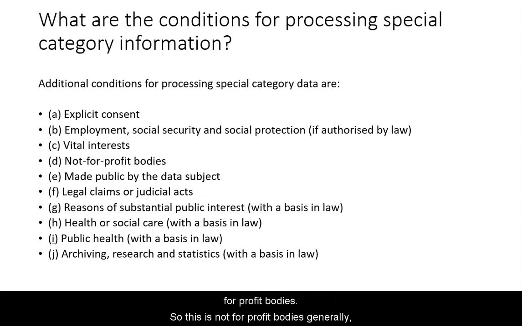Not-for-profit bodies. So this is not-for-profit bodies generally that are capturing the special category information as part of the way they work. So for example, I work with a Jewish charity. They collect information, religious information, as part of the way they work.